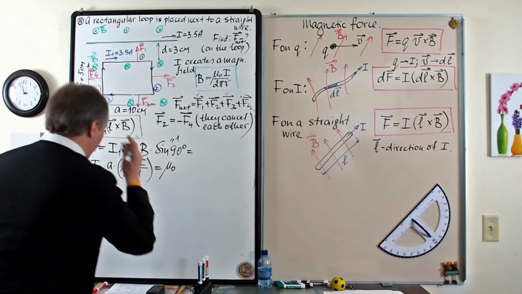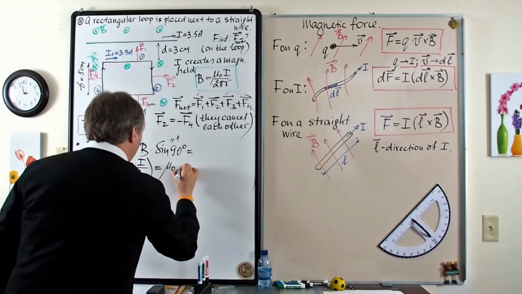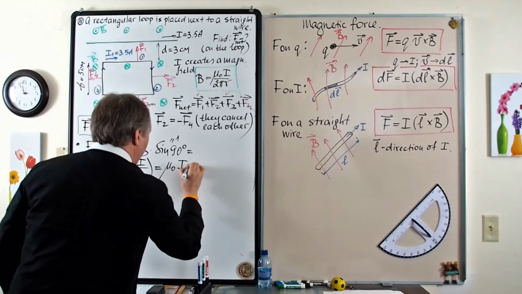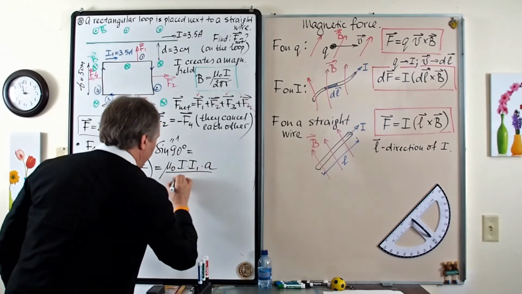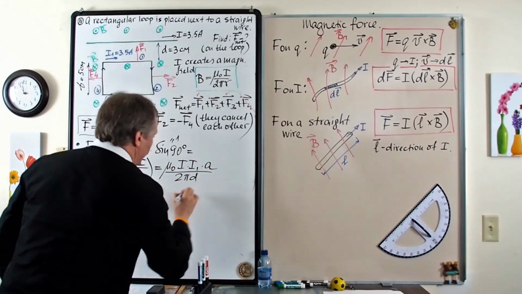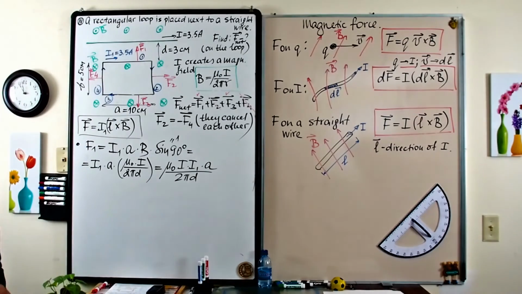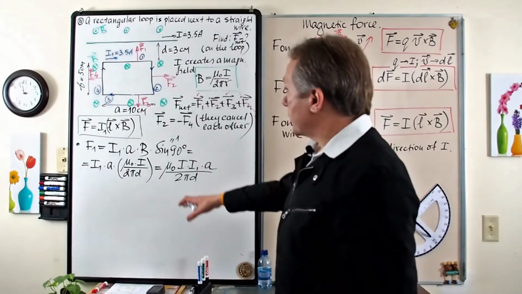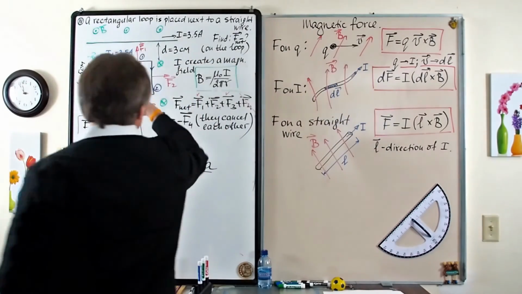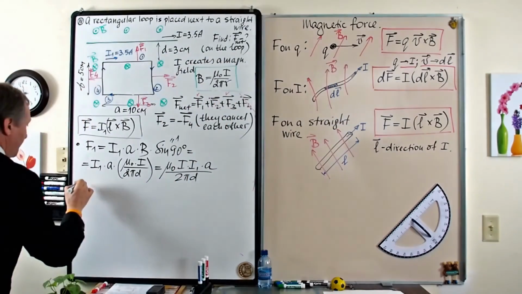So it's mu naught I1 times A divided by 2 pi d. In my opinion, it looks slightly better, cosmetically. So that's the strength of force F1.